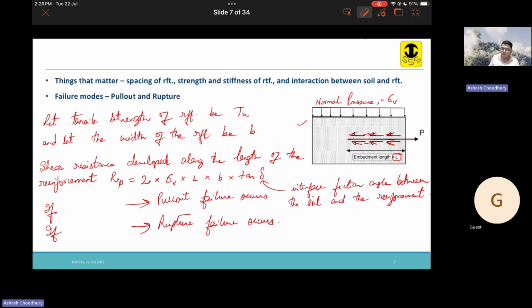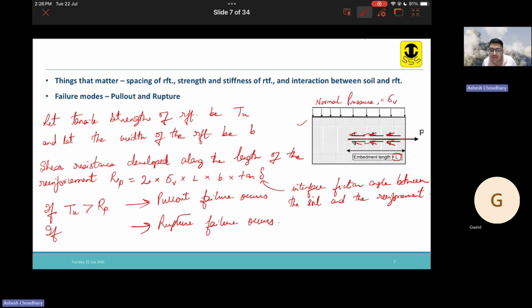So pull out failure occurs when my Tu is greater than the Rp. At that time, my pull out failure will occur, right?